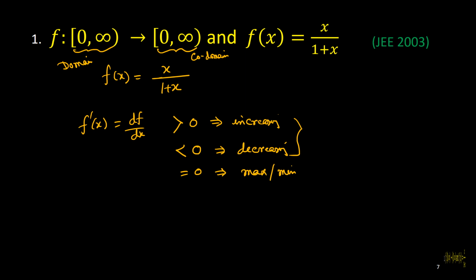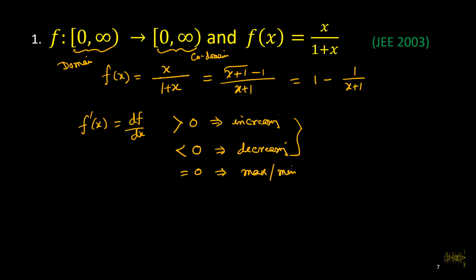So this function we can rewrite by putting x plus 1 minus 1 in the numerator, because the 1 will cancel out, then it is x plus 1 upon x plus 1, which is 1, so it becomes 1 minus 1 upon x plus 1. It simplifies a little bit.